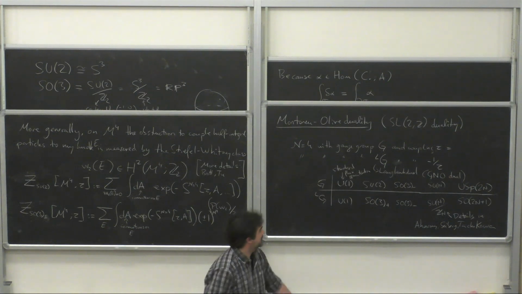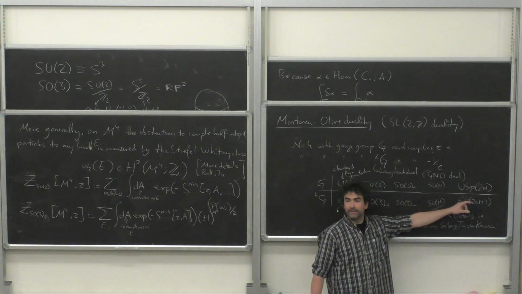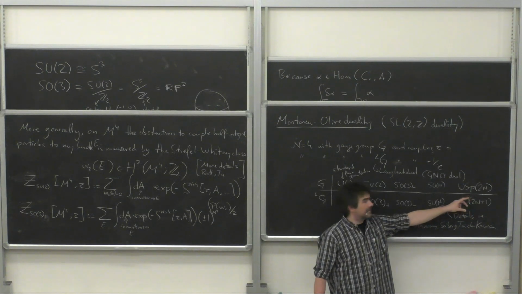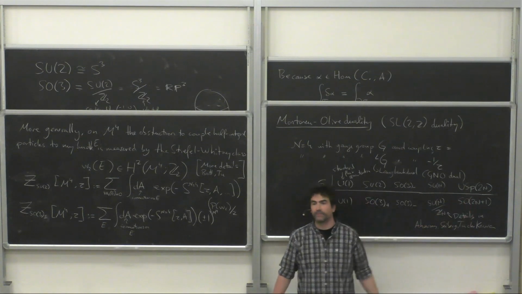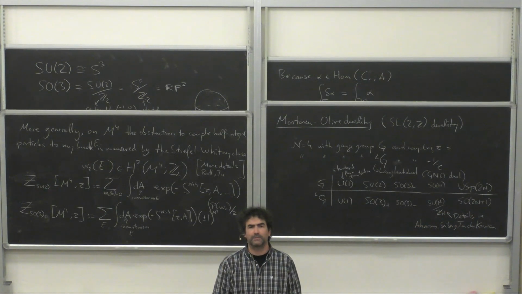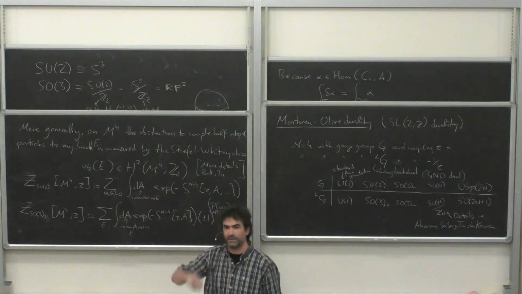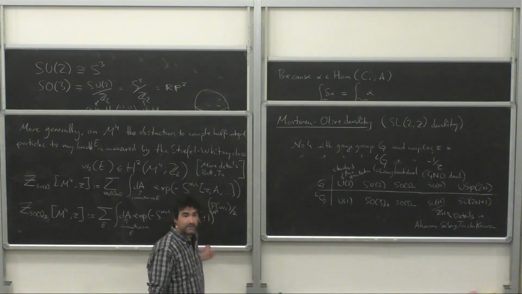You have, in this case, non-simply laced groups. Yeah, we have two different colours, like black and white. If you change the colour from one group to the other. I don't remember off the top of my head the colouring for USp and SO. Maybe you're right.